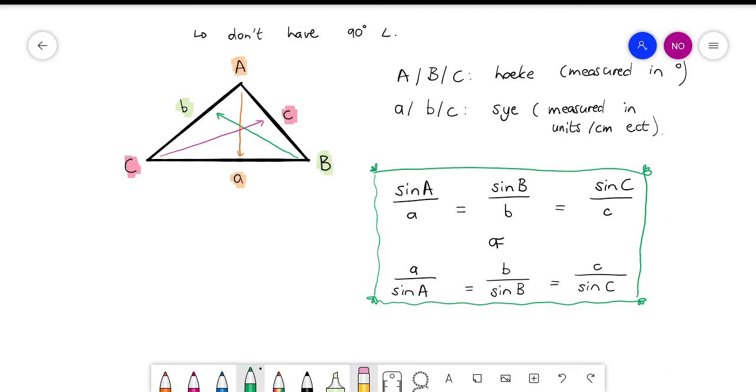Can you guys see why we call this the sine rule? Sien julle? Sin oor 'n sy, sin oor 'n sy, sin oor 'n sy of andersom. Okay.